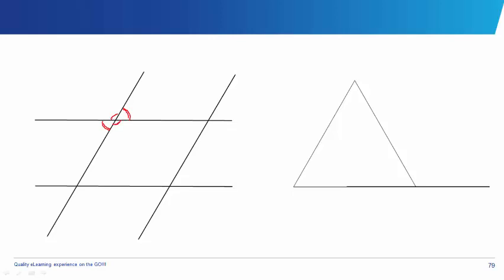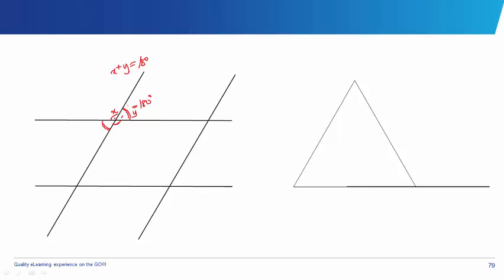They are always equal. Now angles on a straight line, these two are on a straight line, this and this, and angles on a straight line will always equal 180 degrees. So let's call here x and here y. It means that x plus y equals 180.